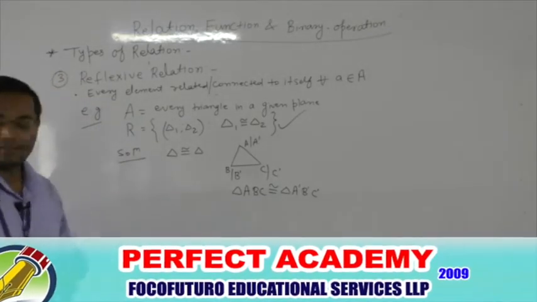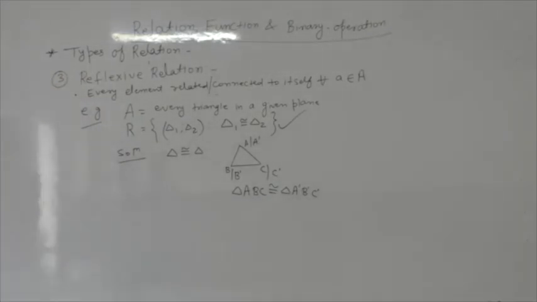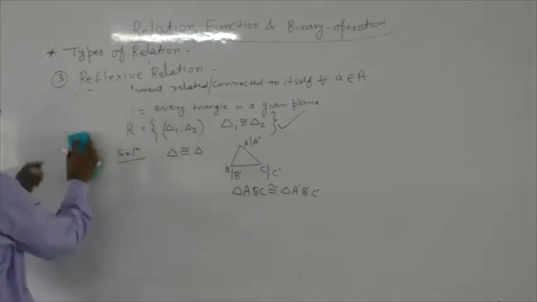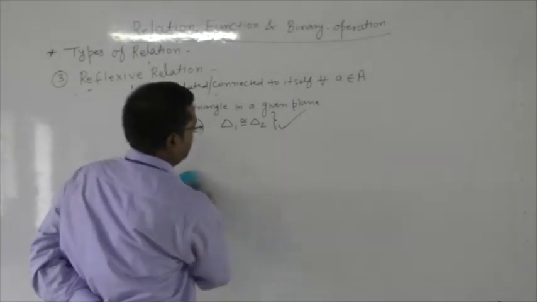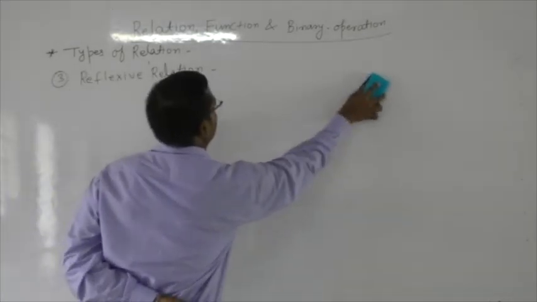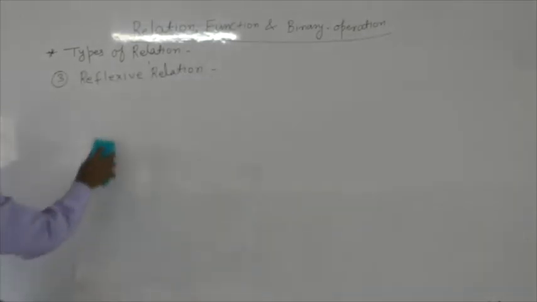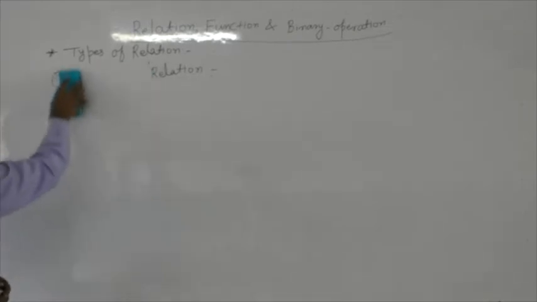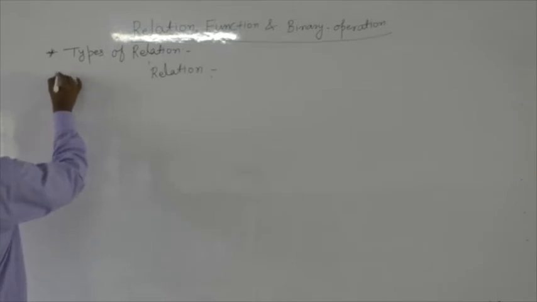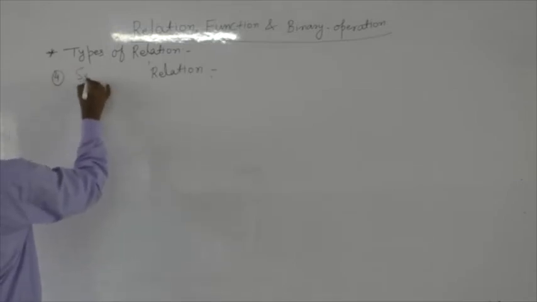Let's see next. Now the fourth type of relation is the symmetric relation.